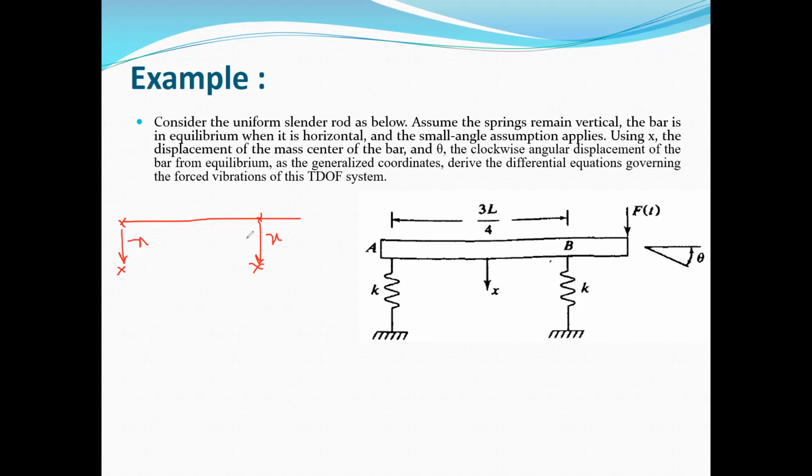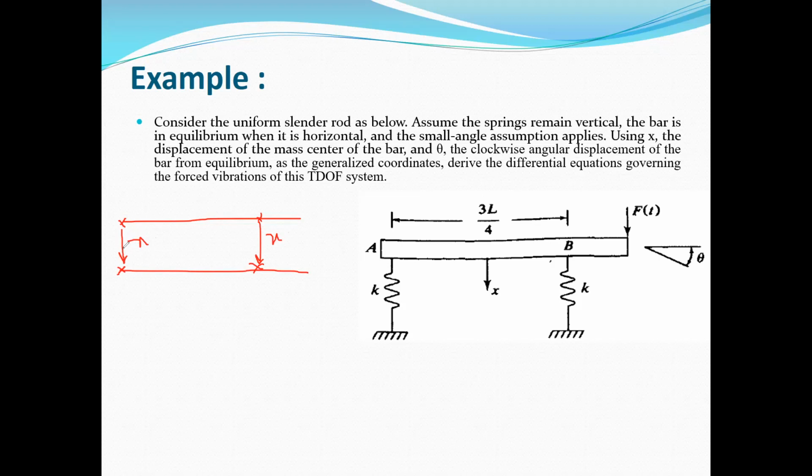But you know that this bar at the same time is rotating about the mass center. So let me show you with another color. This is the position of the bar when it moves due to the x translational degree of freedom. And now it will have some rotation about its mass center.